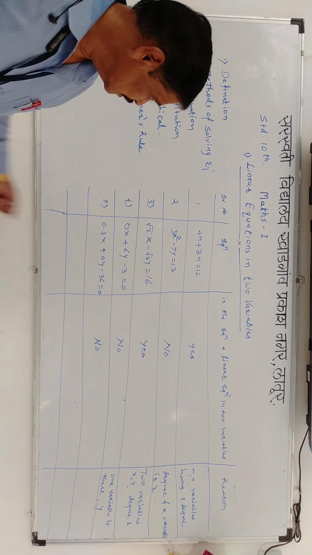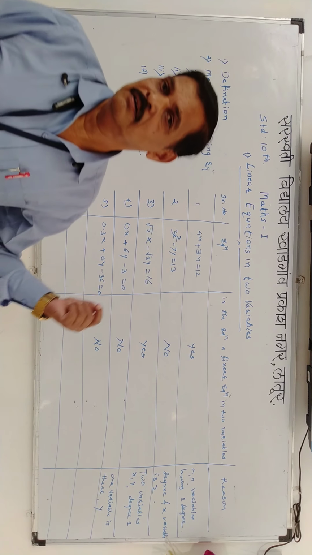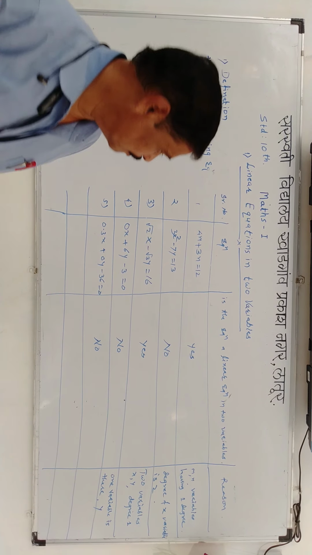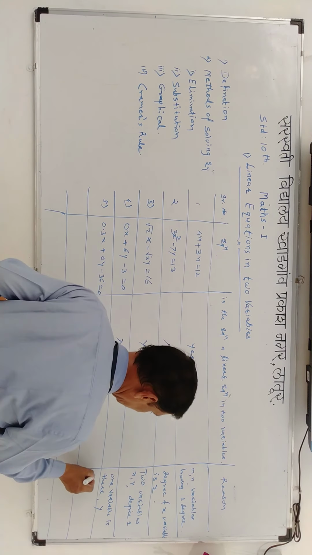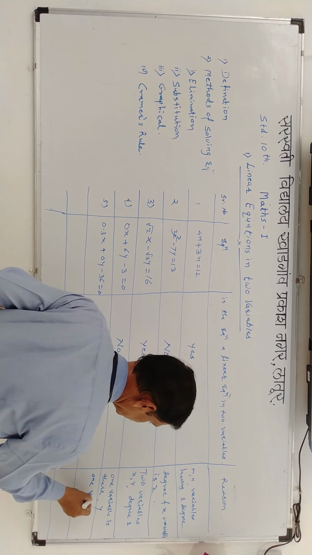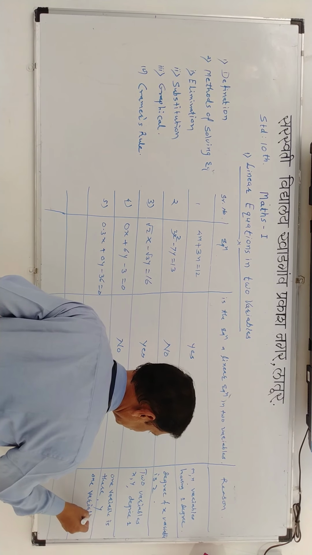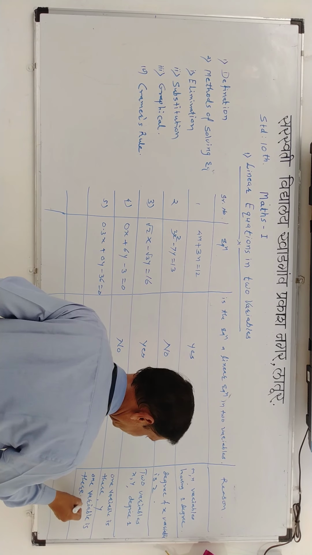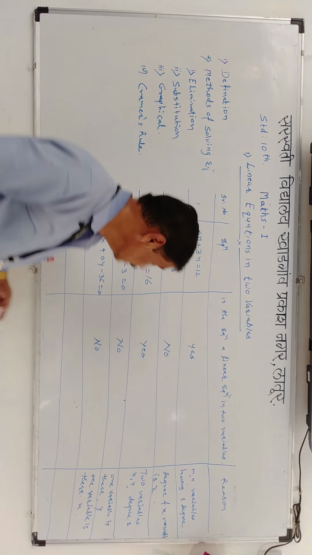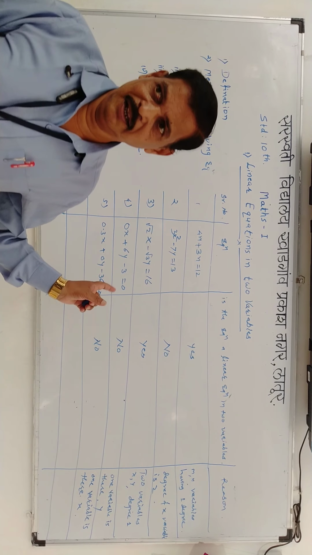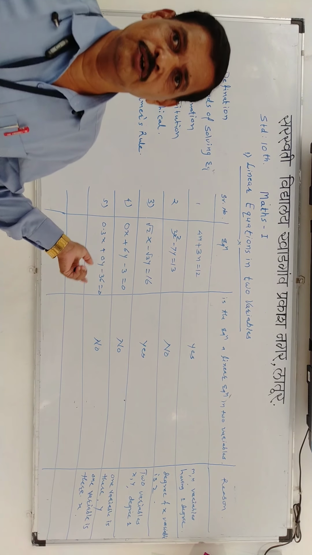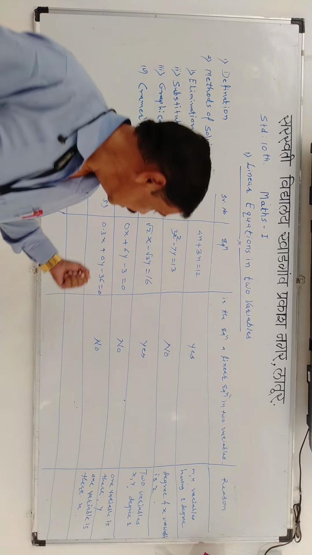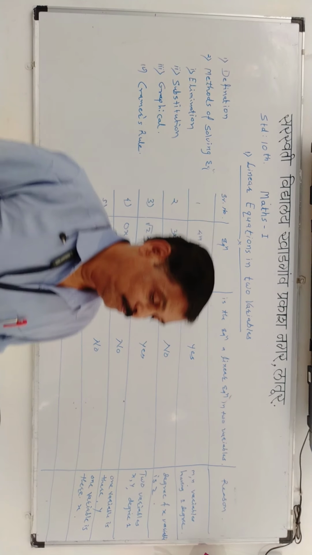So it is not a linear equation in two variables. Only one variable is there, x, and the other variable is 0, as 0 is the coefficient of y.